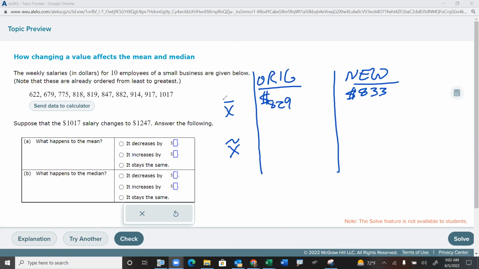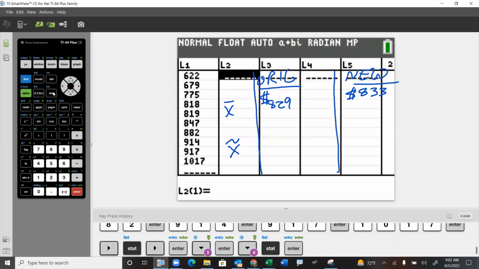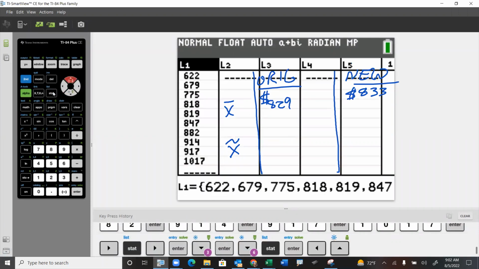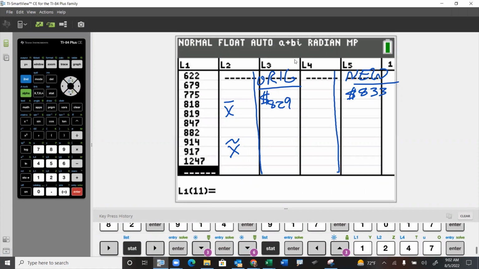Okay, so it says now the 1017 changes to 1247. So I'm going to go back to stat, enter, and change this to 1247, which is not a huge change, but it's definitely going to make a difference. I mean, you can change anything.